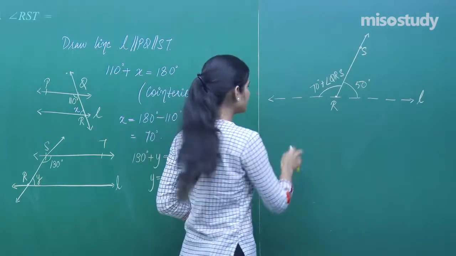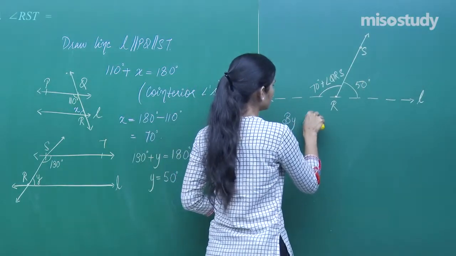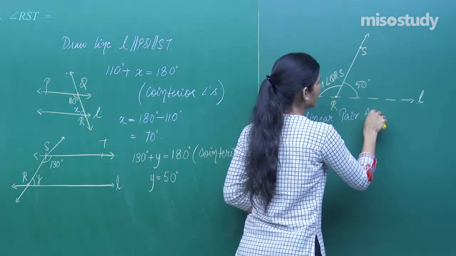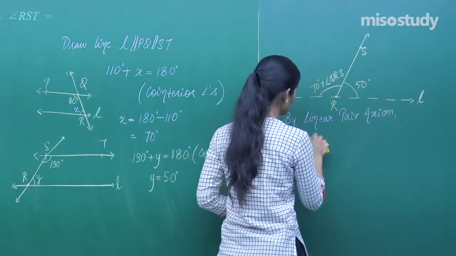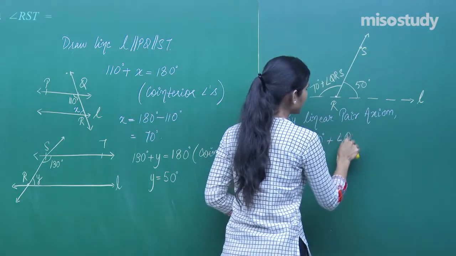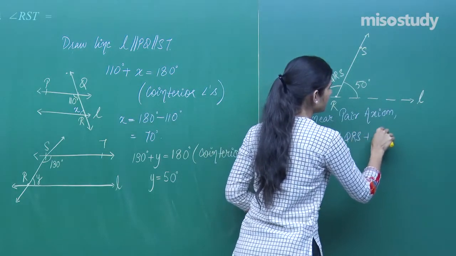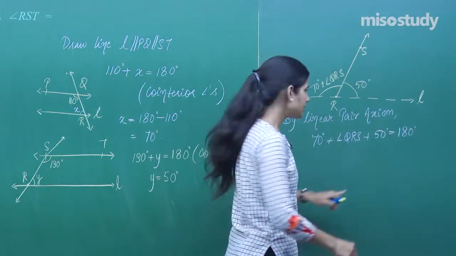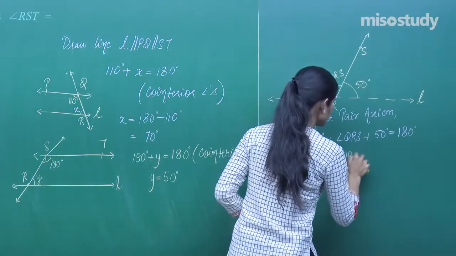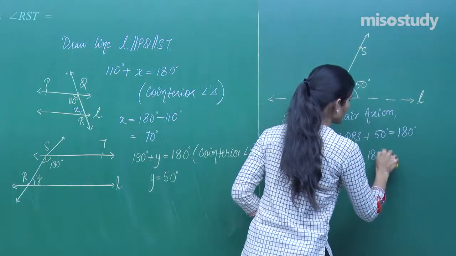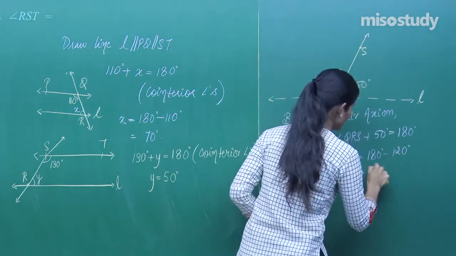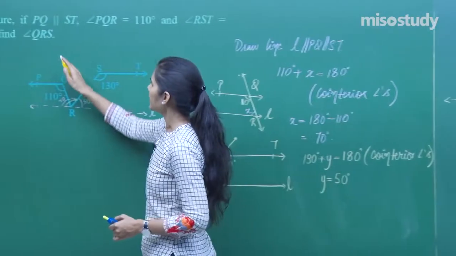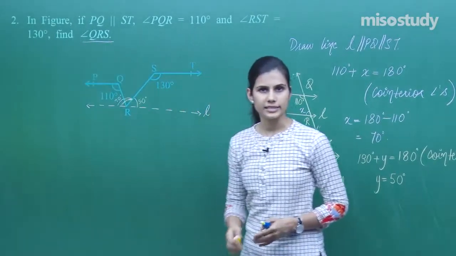By linear pair axiom, 70 degrees plus angle QRS plus 50 degrees is 180. 70 plus 50 is 120. So your answer is 60 degrees for angle QRS. The angle which you had to find is of measure 60 degrees.